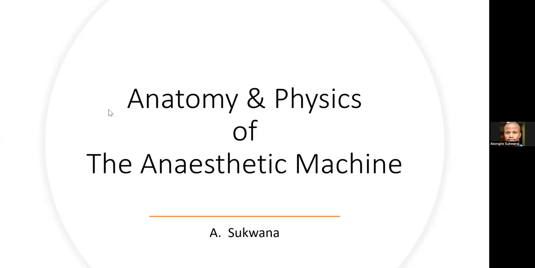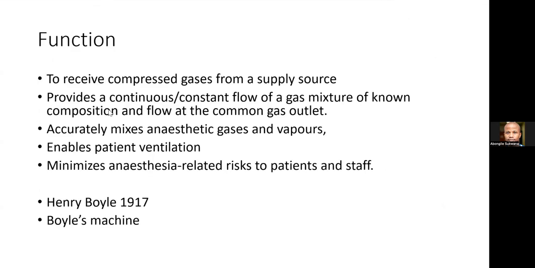Okay, thanks. So we'll just do the anesthetic machine, mostly the physics of it. In the anesthetic machine, people always think that the person who invented the machine is Henry Boyle, but not really.